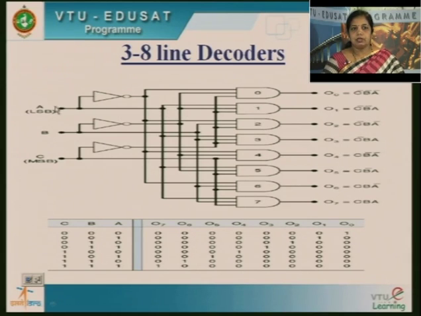So whenever these 3 are 0, that is A complement, B complement, C complement, that is given here. A complement 0 means the output of this inverter is logic 1, logic 1, logic 1.